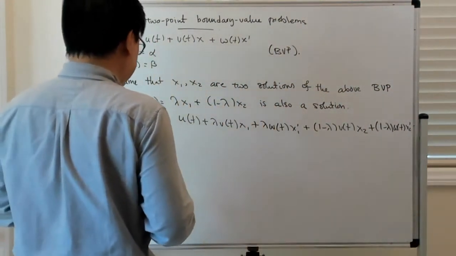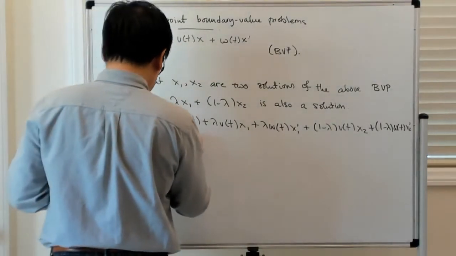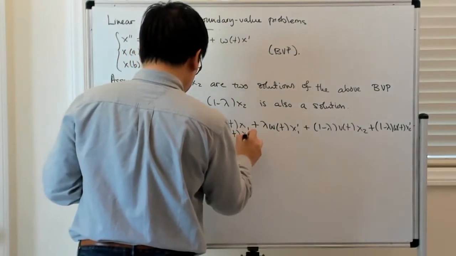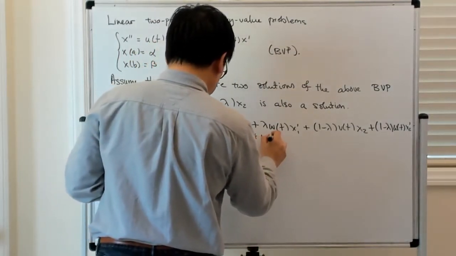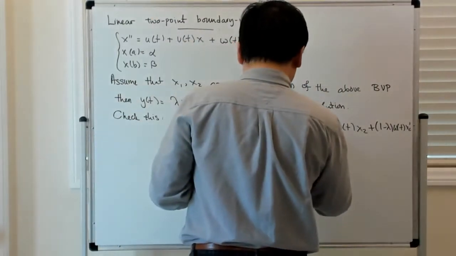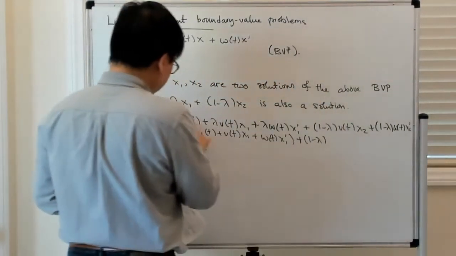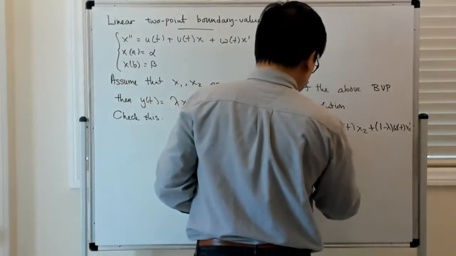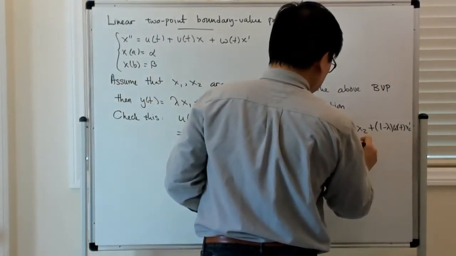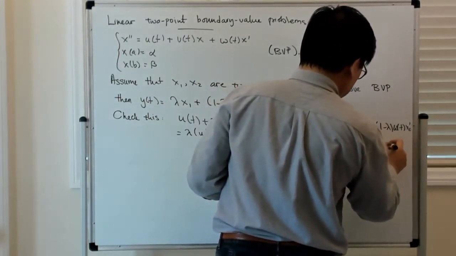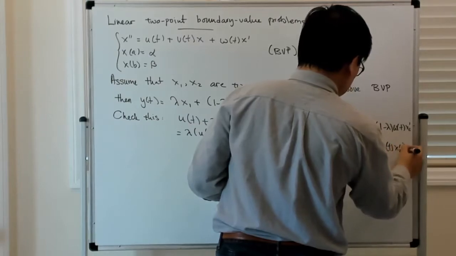Okay, this is equal to lambda times u of t plus v of t x1 plus w of t x1 prime, plus 1 minus lambda. So I've broken up this u of t into lambda u of t and 1 minus lambda u of t. U of t plus v of t x2 plus w of t x2 prime.